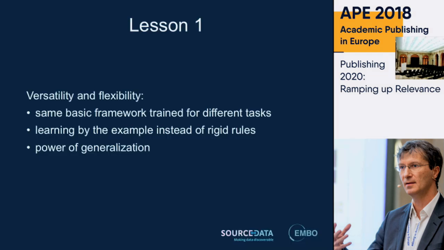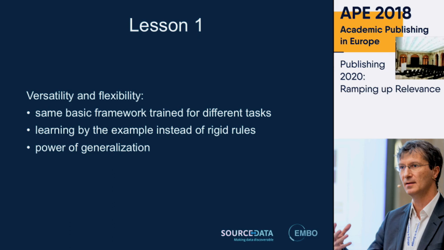So here are three maybe lessons that I can share that we learned in that project. The first one is that machine learning, deep learning in particular, is very flexible, and there is an enormous versatility of this type of approach. Essentially here we have applied the same framework, the same architecture of deep neural networks that we have developed for that task in different contexts to do the panel segmentation, to do the entity tagging, to do the role prediction.